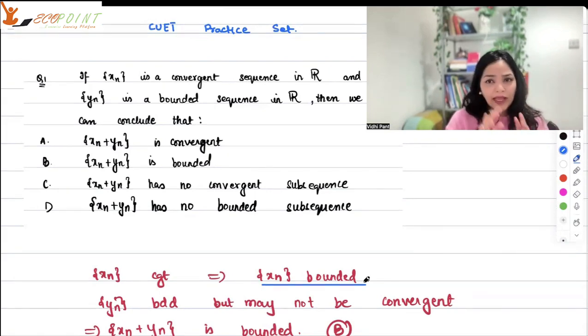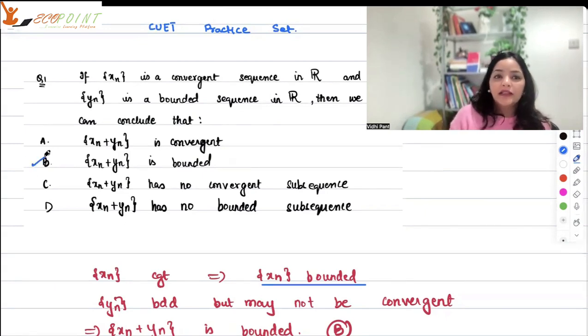Yn is bounded. So that means xn plus Yn, when you take two bounded sequences, of course, the sum is bounded, right? Bounded is like you having two walls. It's bounded above as well as bounded below. So the sum will also be bounded above as well as bounded below. And if that's the case, option B is the correct answer. In fact, we cannot say whether xn plus Yn is convergent because we don't know about Yn.